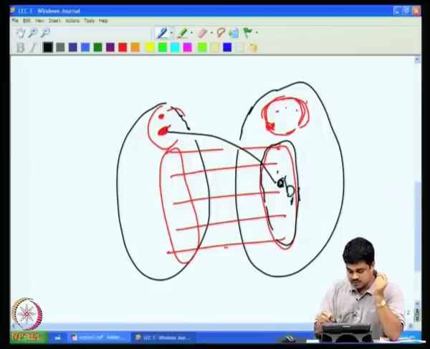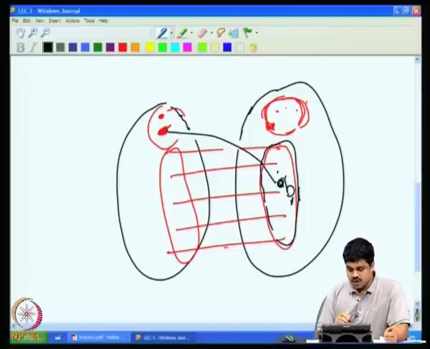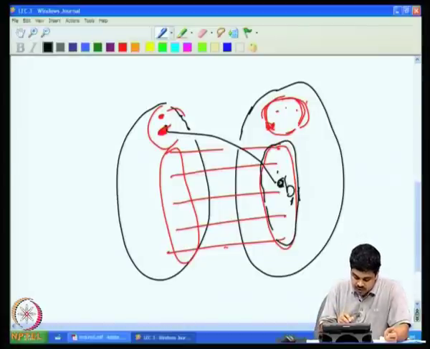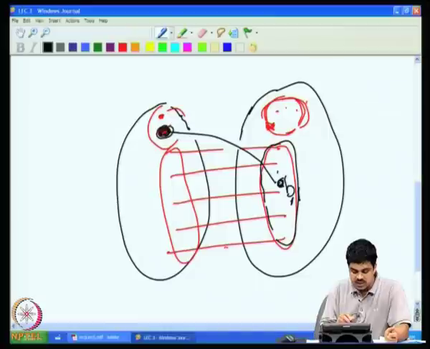As you can remember, Hall's condition says that if you select any set of vertices, the number of neighbors it has on the other side should be at least as much as the cardinality of that set we are considering. For instance, if you considered the singleton set, there will be at least one neighbor. If there is no neighbor, Hall's condition will not be satisfied; this singleton set will violate it, right.